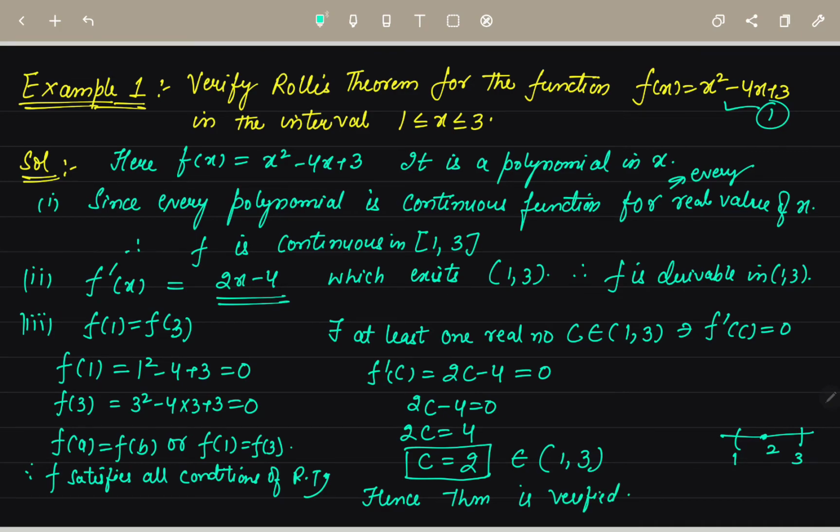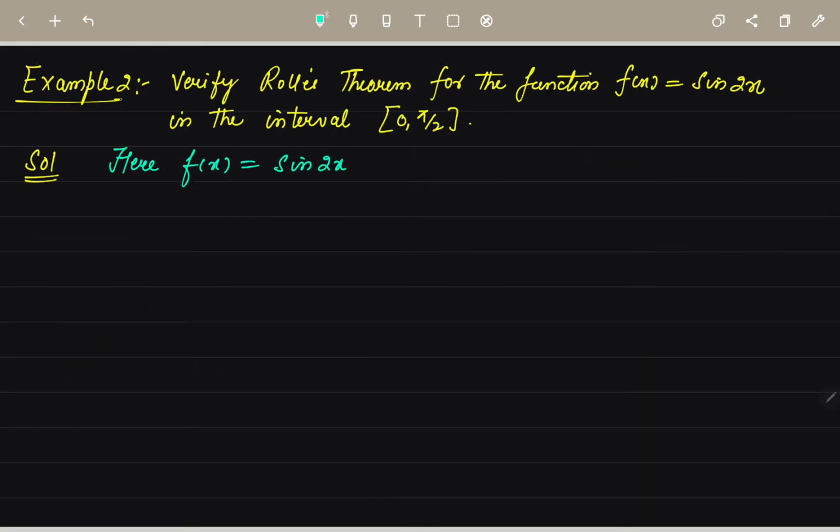Okay, so now I am going to solve one more example. The next example is: verify Rolle's theorem for the function f(x) = sin 2x in the interval [0, π/2]. So first of all we will write what?